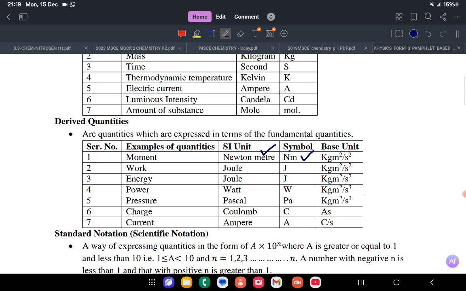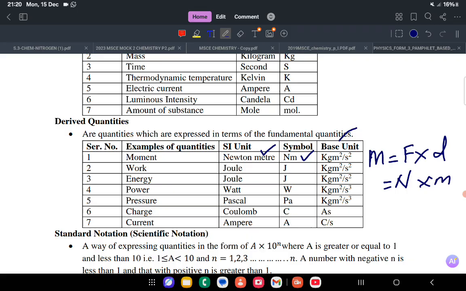So, physical quantities can also be expressed in terms of base units. Base units are the units of the fundamental quantities. Let me show you this particular example. We just said moment is equal to force multiplied by perpendicular distance. What is the unit of force? You know it is the Newton. What is the unit of distance? You know it is the meter because that's length.